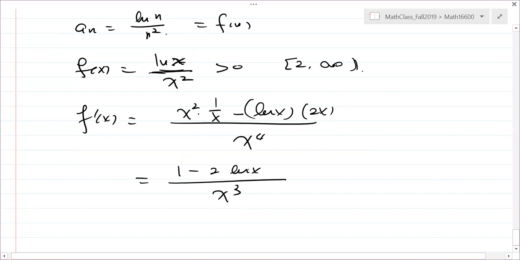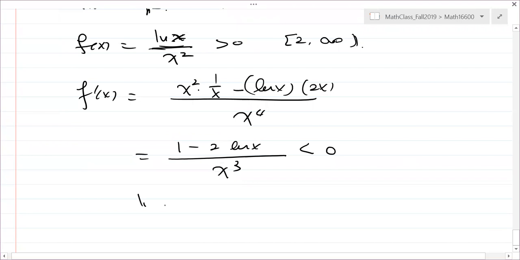I want to make sure it's less than 0, which happens when natural log of x is greater than 1/2. This is the same as x greater than e to the 1/2. It's some number, that's okay.